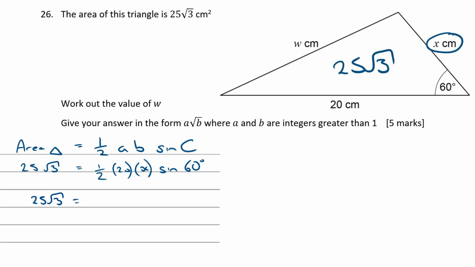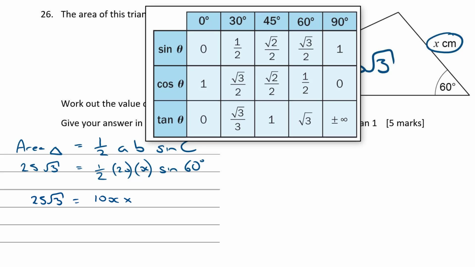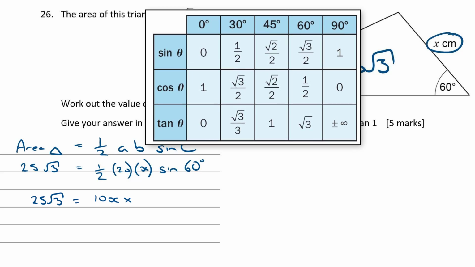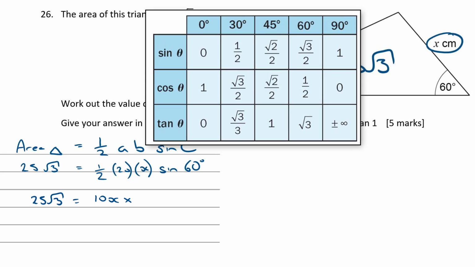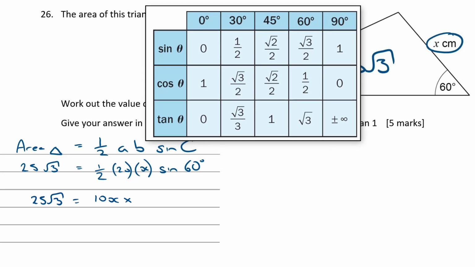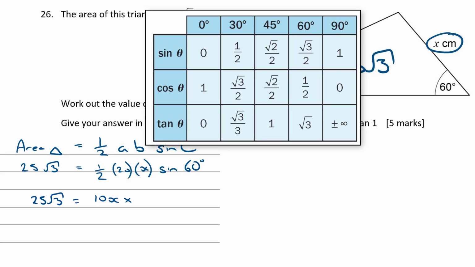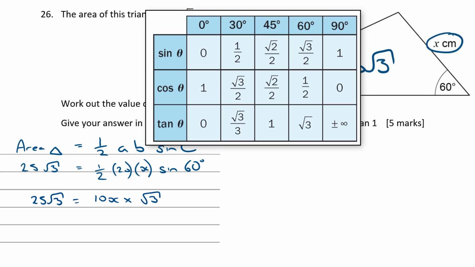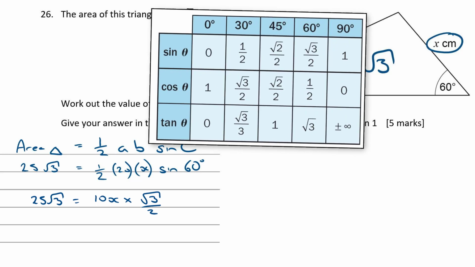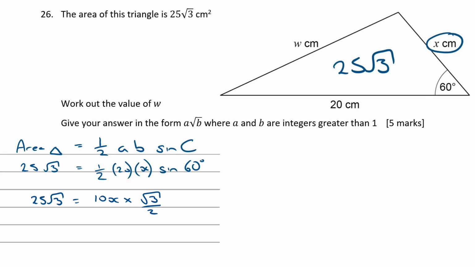What is the sine of 60? Now, that's one of our exact values that we talked about earlier. If you remember that table of values that I pulled up earlier, you should remember that the sine of 60 is root 3 over 2. Okay, so we're getting there, aren't we?